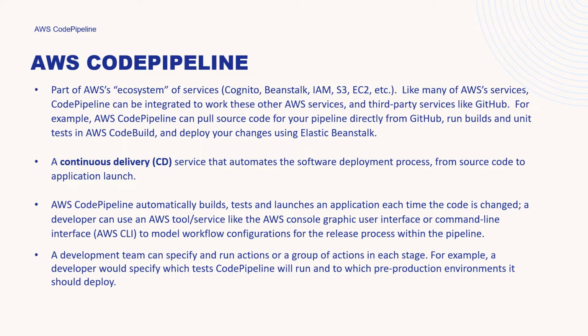Each time there's a change in code, CodePipeline is triggered, and the application is sent through the pipeline to deployment. AWS provides a selection of tools to use, such as GUIs within the AWS console, which I mentioned in the last slide, or the command line interface that can configure and work with the AWS CodePipeline process.